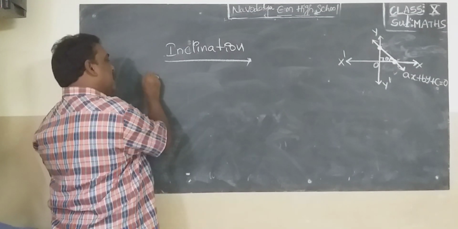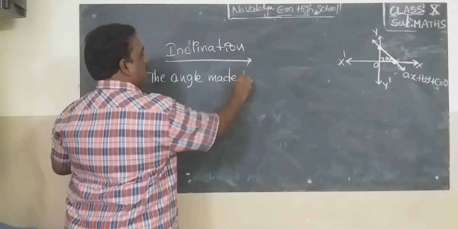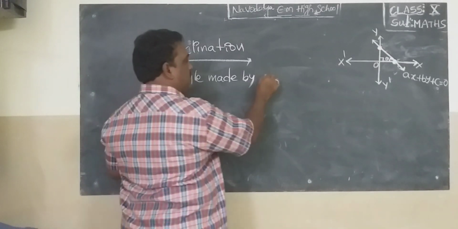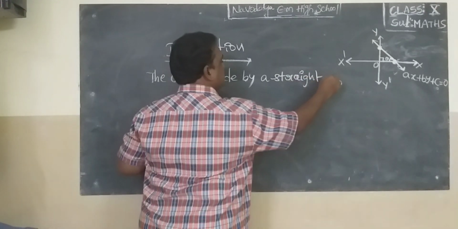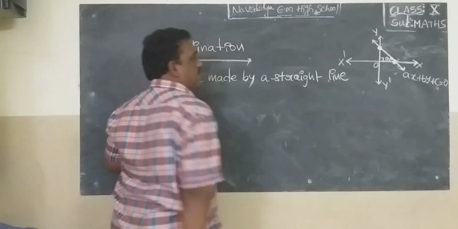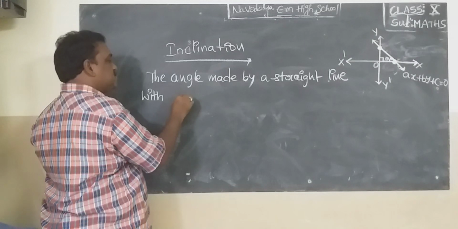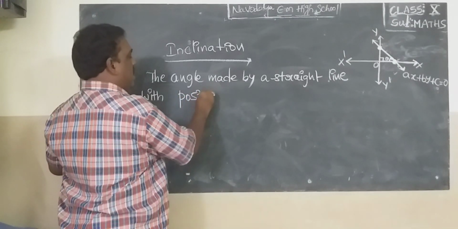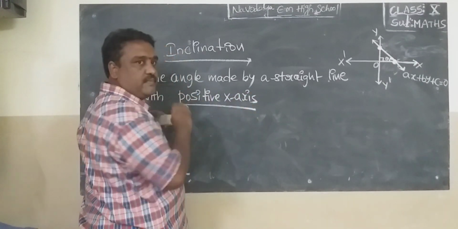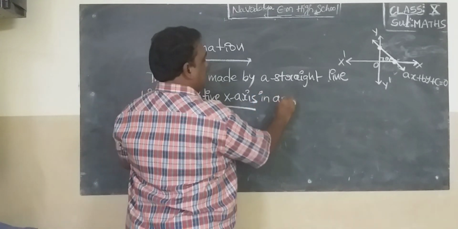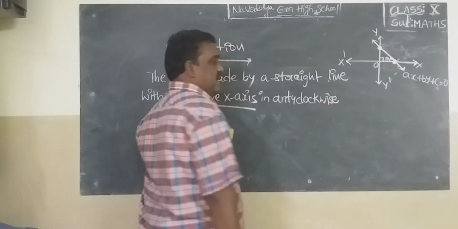Inclination definition: the angle made by a straight line with the positive x-axis in anti-clockwise direction.